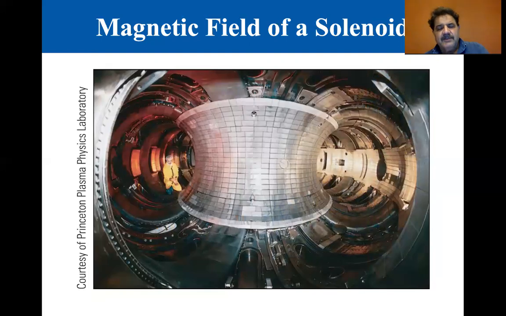And then there's the Tokamak. The Tokamak uses solenoids, or it is like a big solenoid itself. It produces a magnetic field inside it, so it's like a toroidal solenoid.